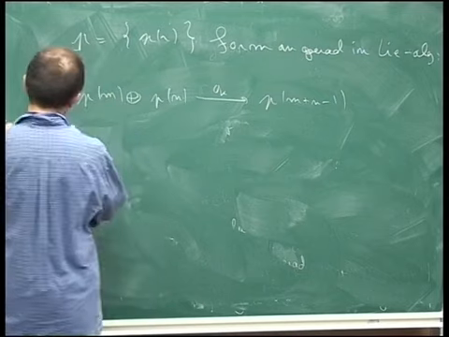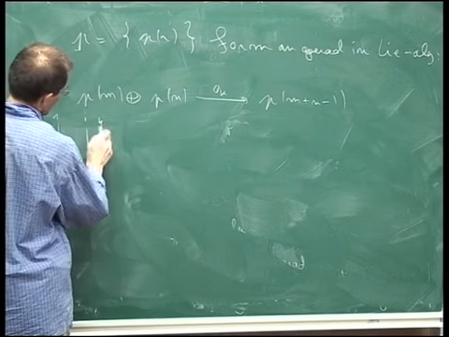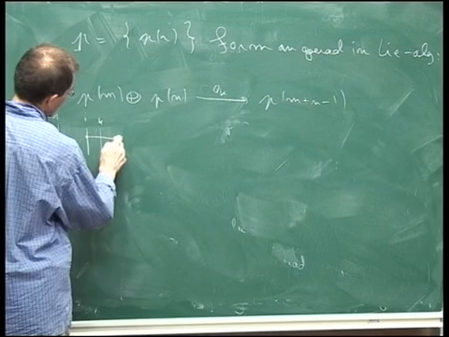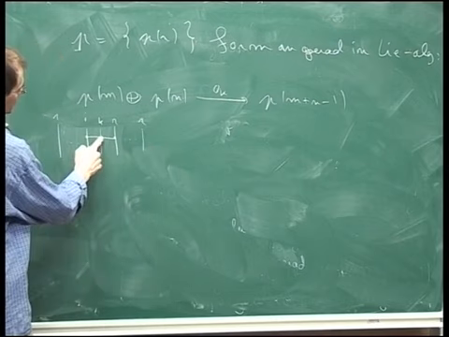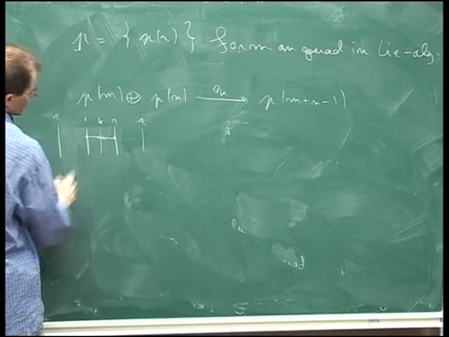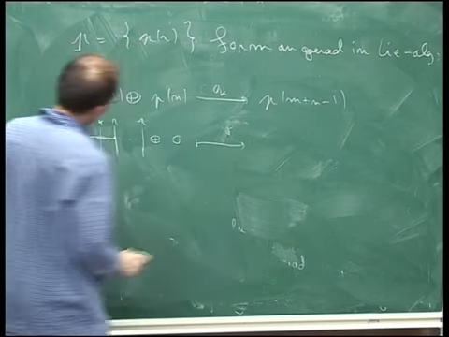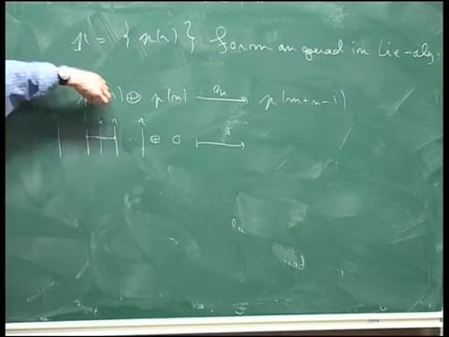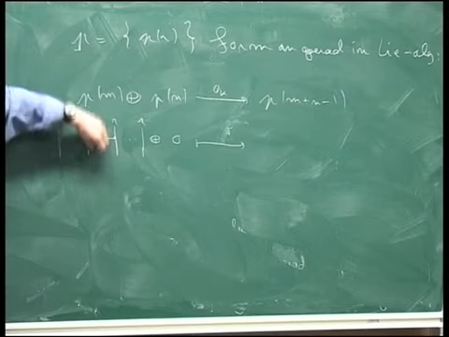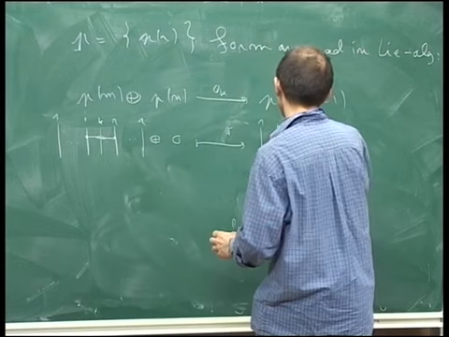If I start with such a chord diagram here, what I'm going to do is insert n parallel strands on the kth strand here. Okay, so in that case I just get the following result.